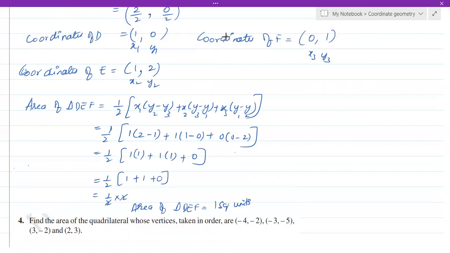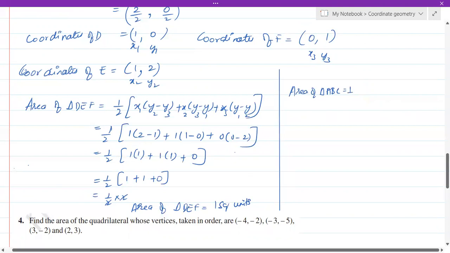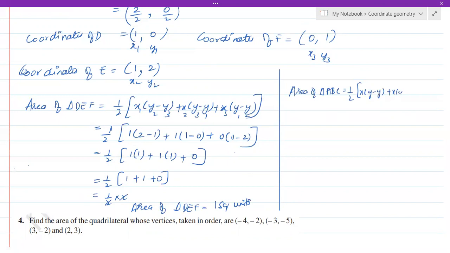Now we have to find the area of the original triangle. Okay. So that is area of the triangle ABC. So half, let me write the formula. Half x1 (y2 minus y3) plus x2 (y3 minus y1) plus x3 (y1 minus y2). Okay.